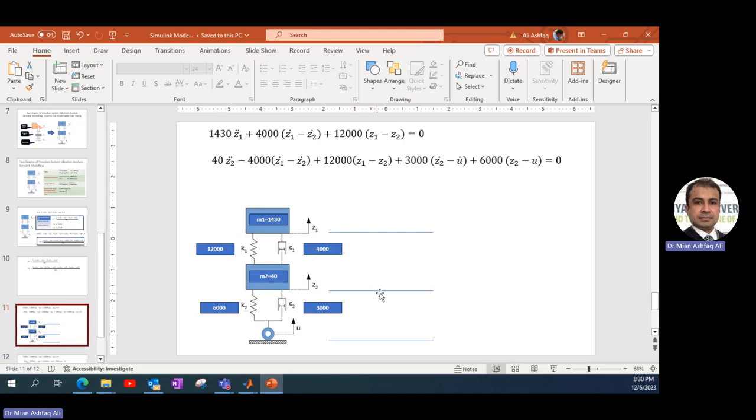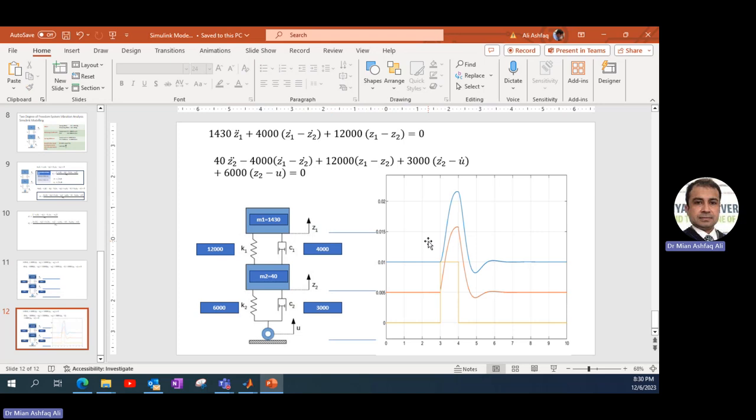Those three lines are the reference lines about which M1 will be at equilibrium on this line, M2 will be at equilibrium on this line, and this is the road profile when there is no input. Whenever there is some input coming from a road bump, M1 and M2 will move.